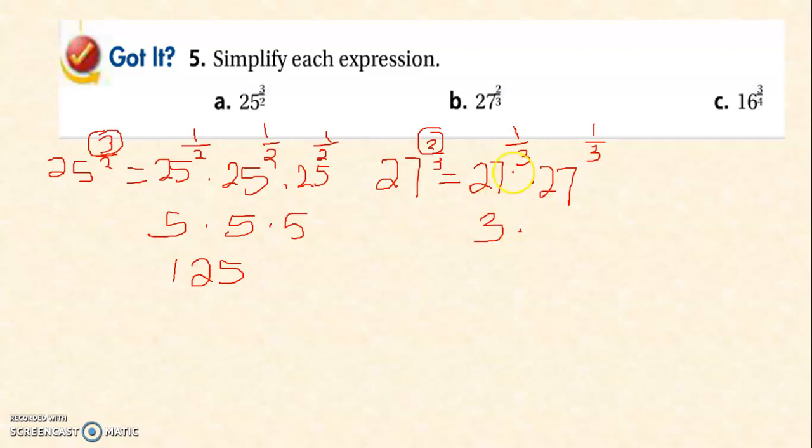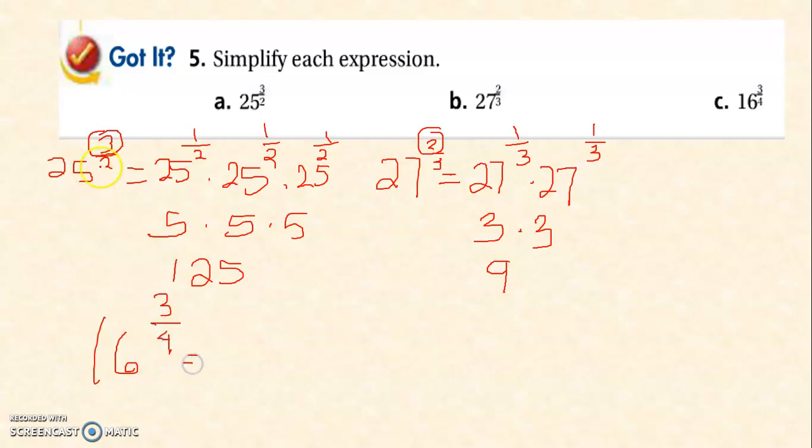Okay? So 27 raised to 1/3 is equal to 3. So what is 3 times 3? That is 9.